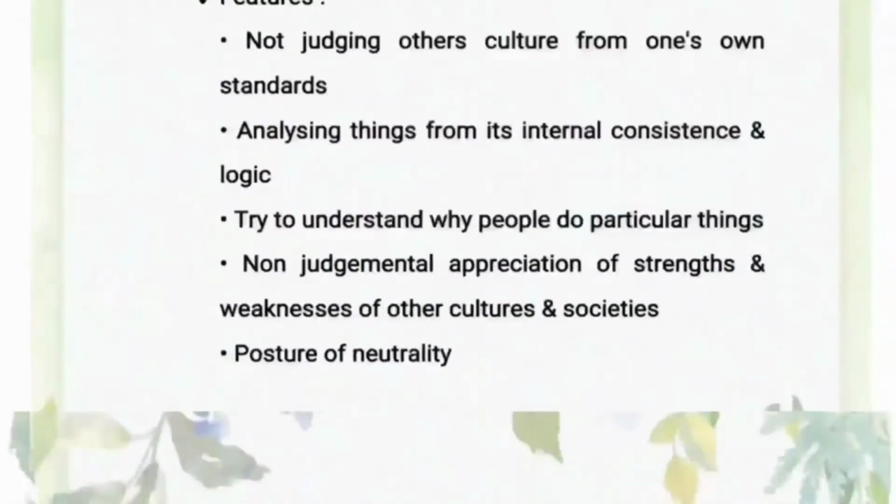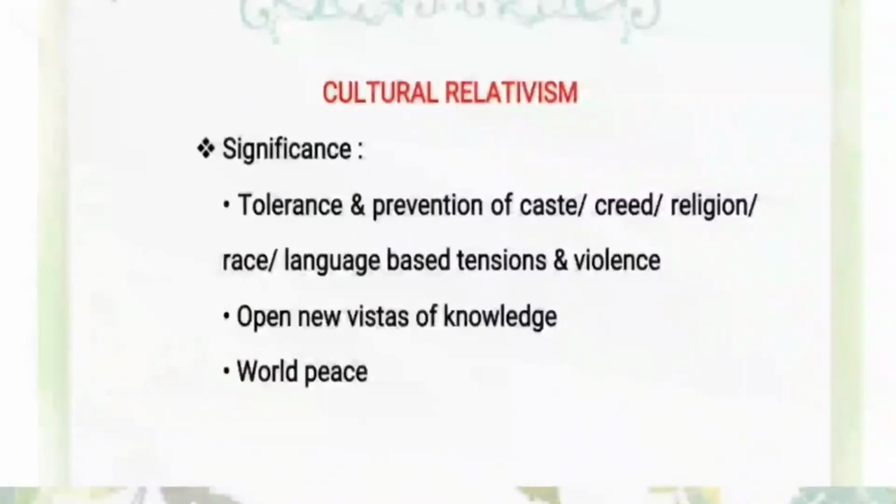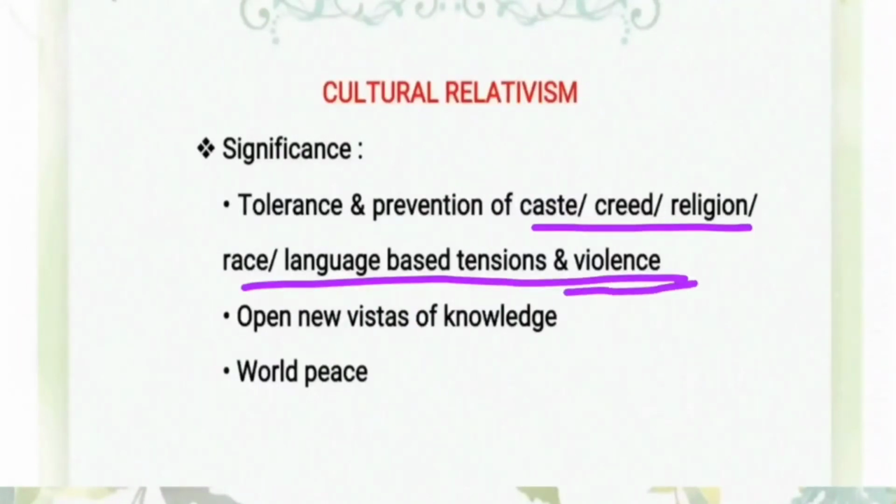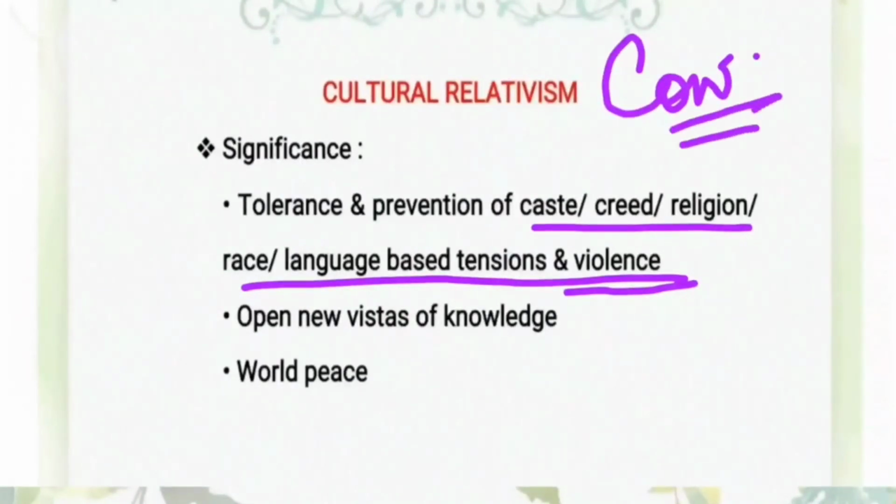Now, what is the significance of cultural relativism? If we become culturally relative, we'll become tolerant and will prevent caste, creed, religion, language-based tension and violence. For instance, cow vigilantism and mob lynching, which have been in the news every now and then. This is making people intolerant of each other's religion.